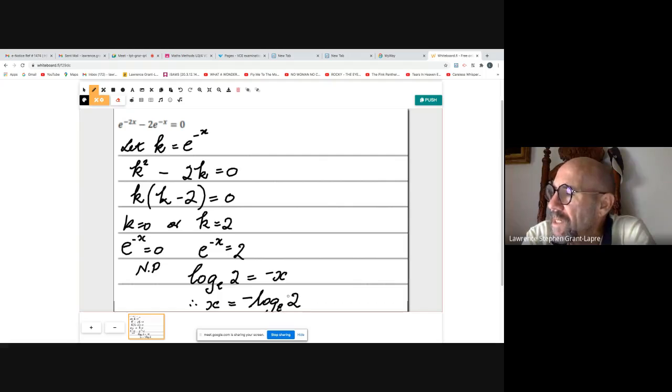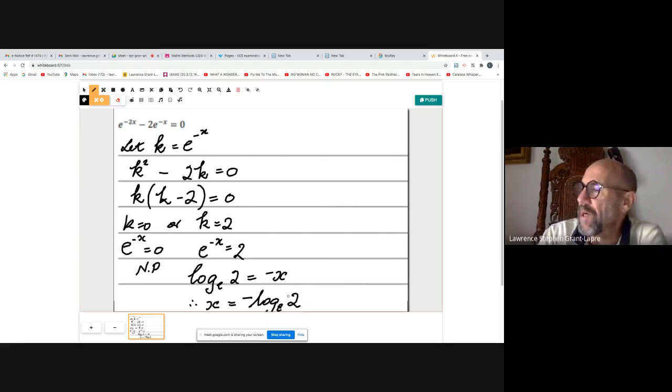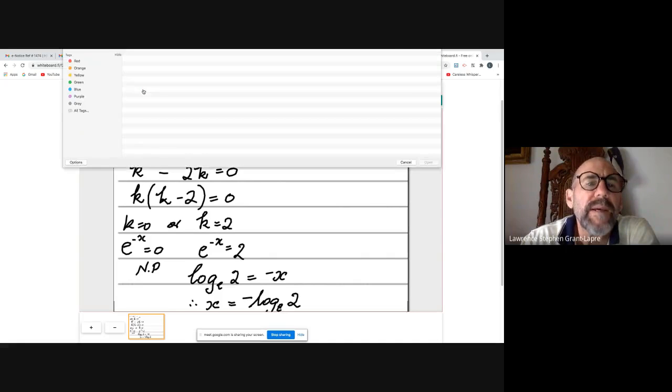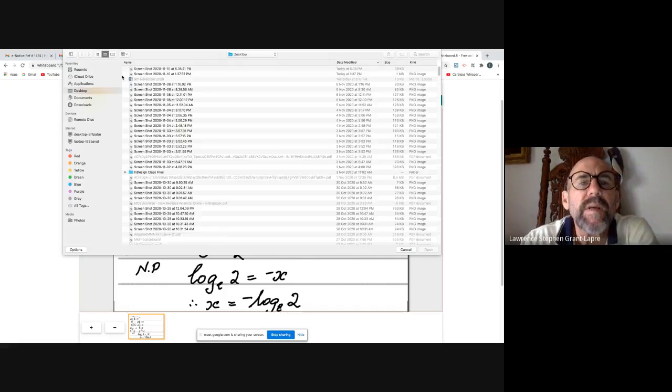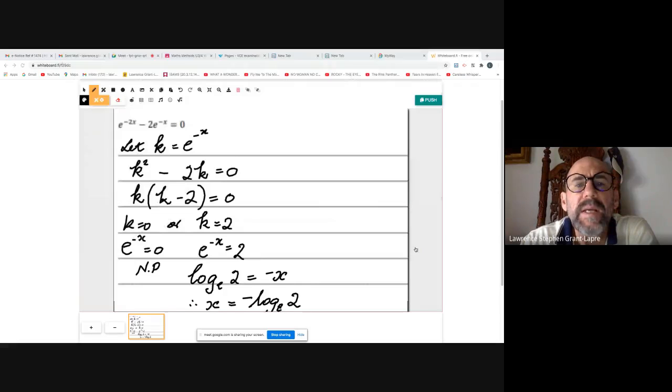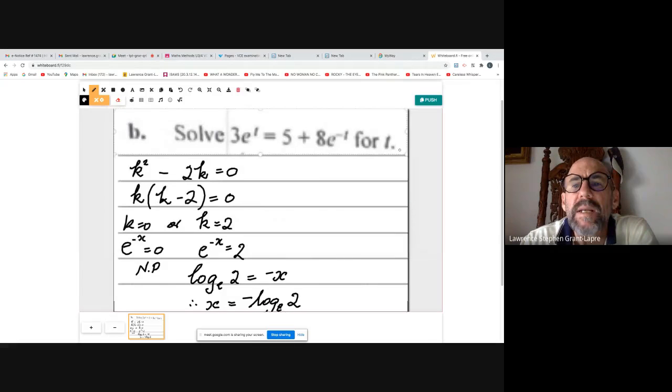Fair enough when it's a simple quadratic like this, and that was a question that you had on a previous practice test. But I want to look at another one.